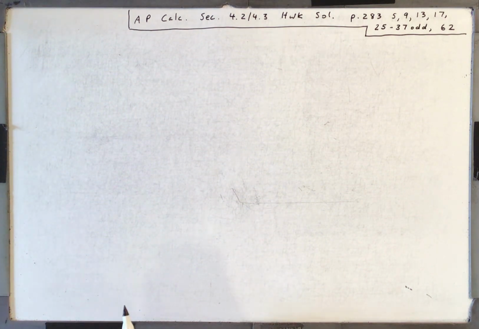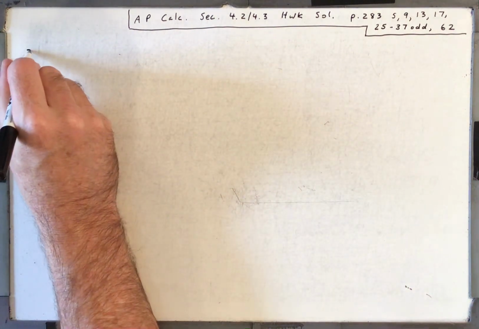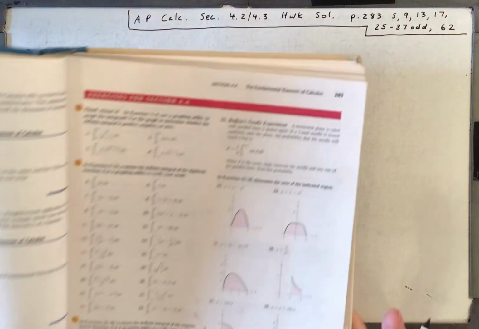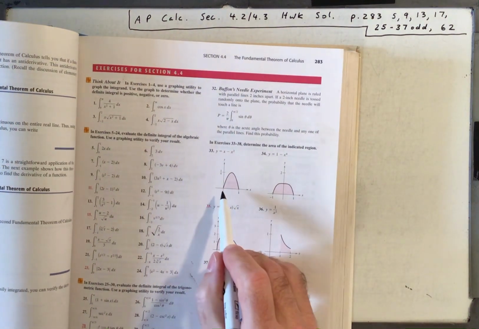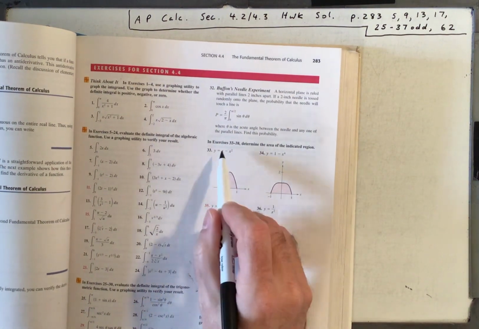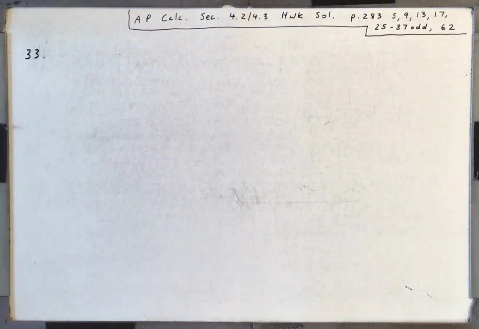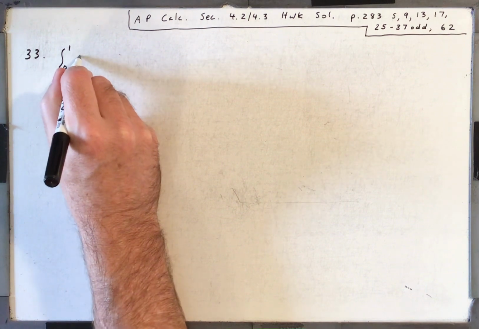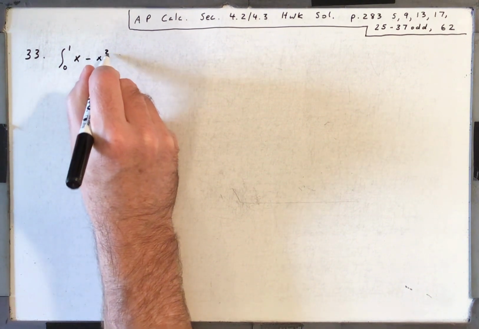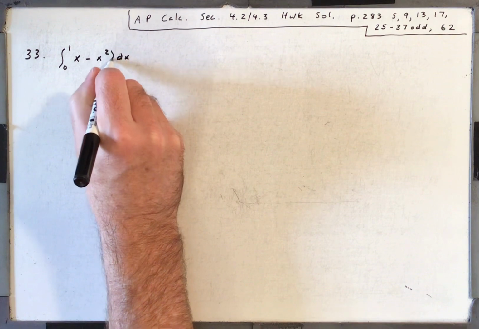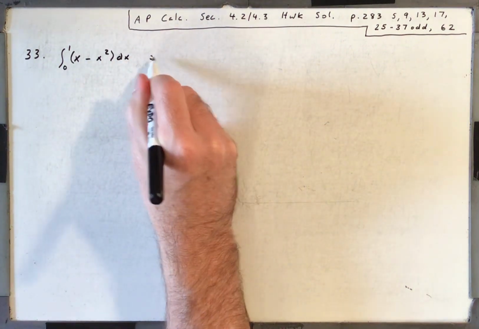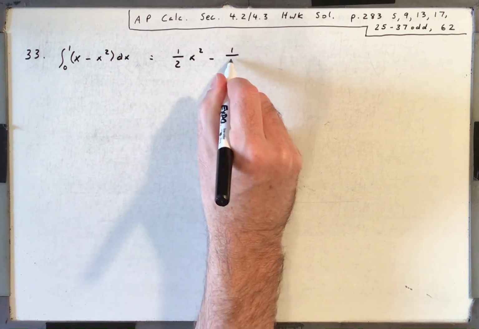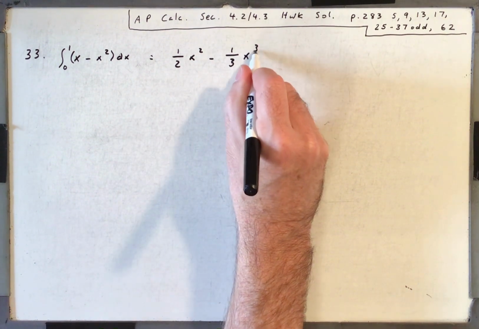All right, number 33. So when you find the area under a curve, you're just integrating. We're integrating from 0 to 1 of that function, x minus x squared. And that'll give us the area under the curve. So that's going to be 1/2 x squared minus 1/3 x cubed.